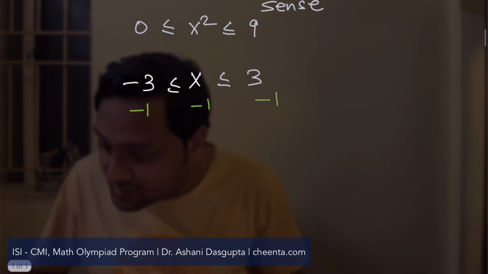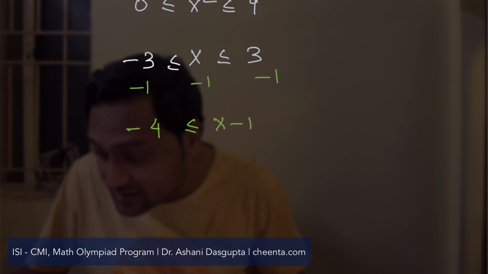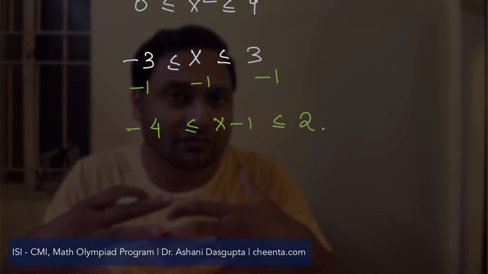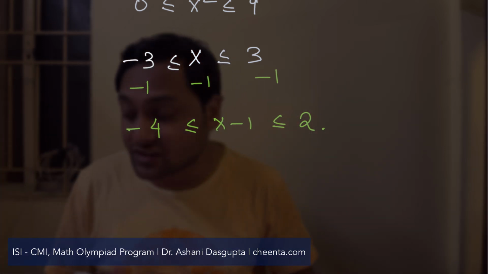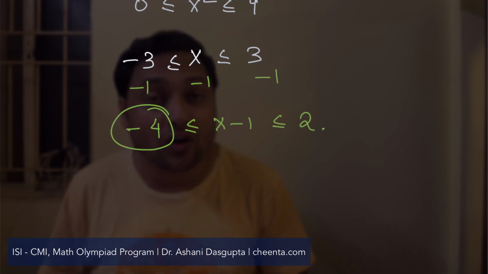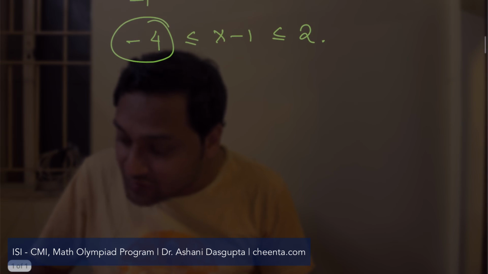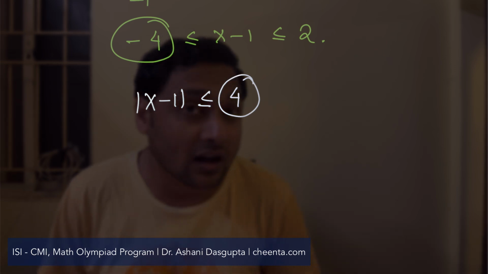So what you have is minus 4 is less than or equal to x minus 1 is less than or equal to 2. So the smallest value, but magnitude-wise the largest value of x minus 1 could be minus 4. So we conclude that the absolute value of x minus 1 is less than or equal to 4. So 4 is the answer.